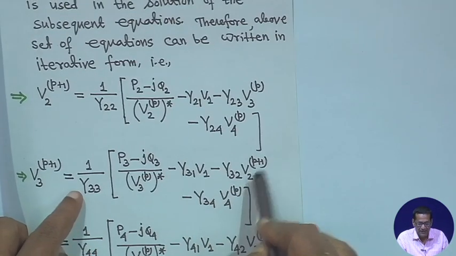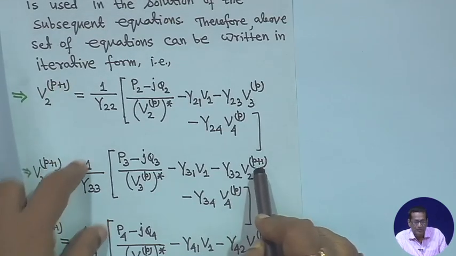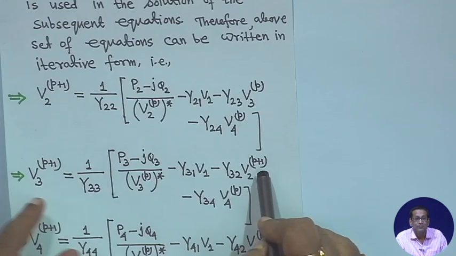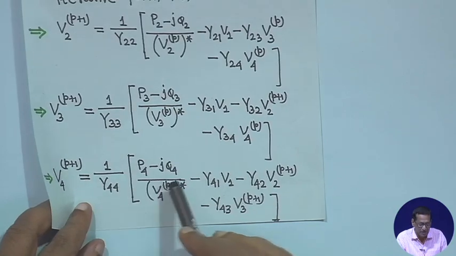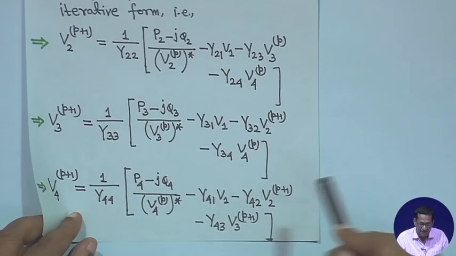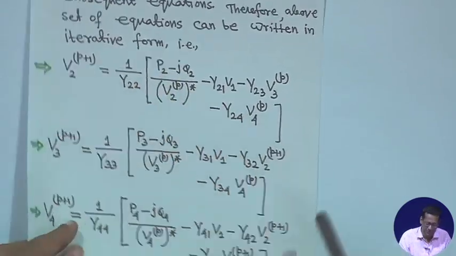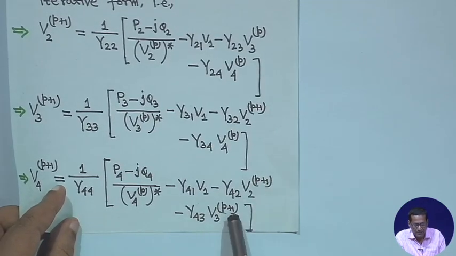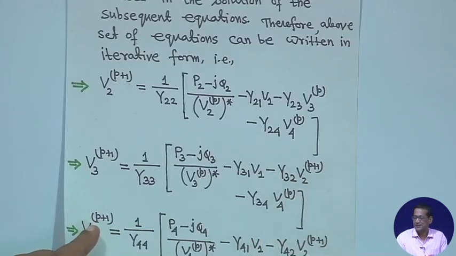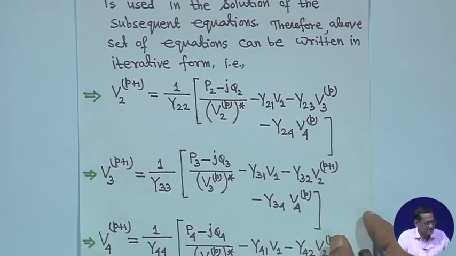Do not write V2^P here, because V2^(P+1) is already computed from here, so it will be V2^(P+1). Similarly, V4^(P+1) is equal to 1 upon capital Y44 times (P4 minus jQ4) over V4^P conjugate, and here V2^(P+1) and V3^(P+1) both have been computed. So here you write minus Y42 V2^(P+1) minus capital Y43 V3^(P+1), such that your convergence will be faster and the number of iterations will be less, right.